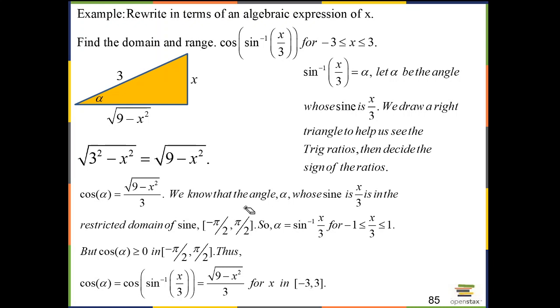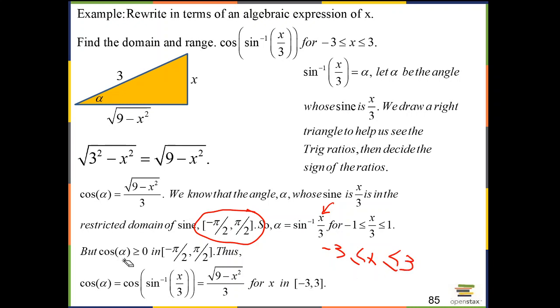Now we know that the angle alpha, whose sine is x over 3, is in the restricted domain of sine. So alpha equals the sine inverse of x over 3, for x over 3 between -1 and 1, because the domain of sine inverse is -1 to 1. And if you multiply everything by 3, you get x has to be between -3 and 3, right?